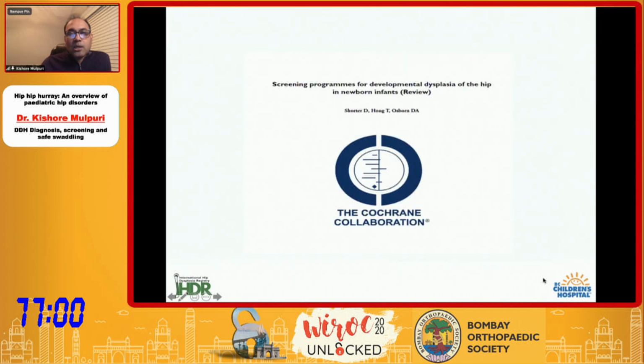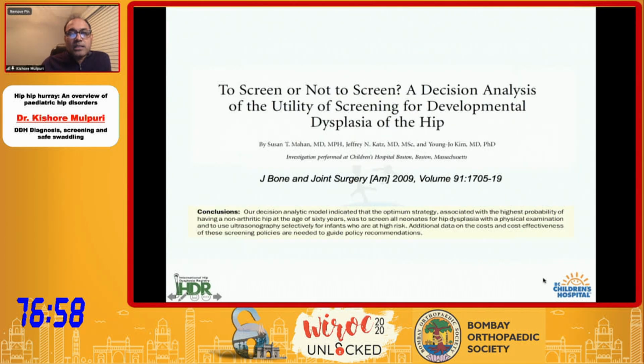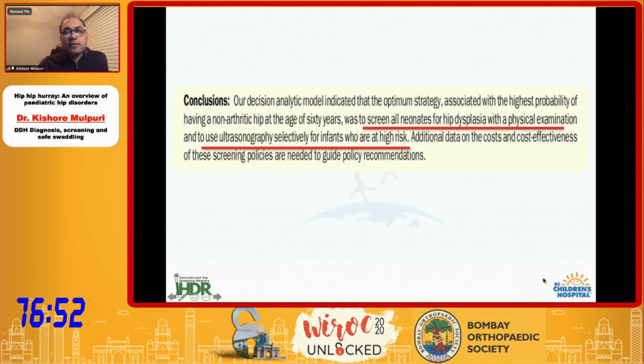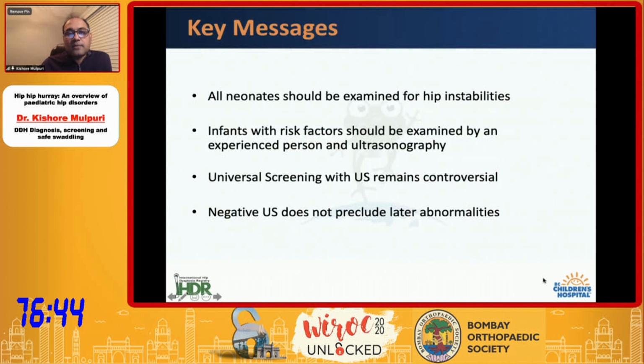I'm not going to go into details about the different studies on whether to screen or not, the decision analysis. Really, the bottom line is all children should be clinically screened, and when in doubt or when risk factors are there, we should do selective ultrasound screening.